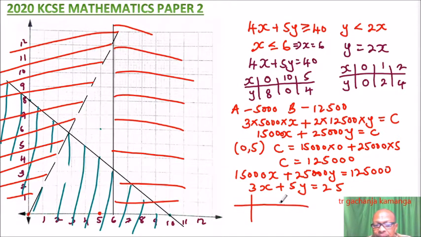So we make a simple table here. We have x and y. I'm just going to take 2 points to get the line. When x is 0, y is 5. When x is 5, y is 2. So we use these 2 points to draw the line.